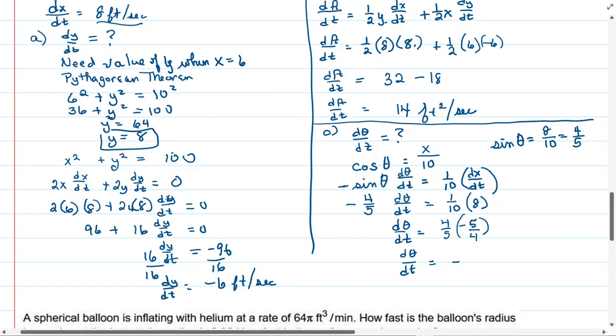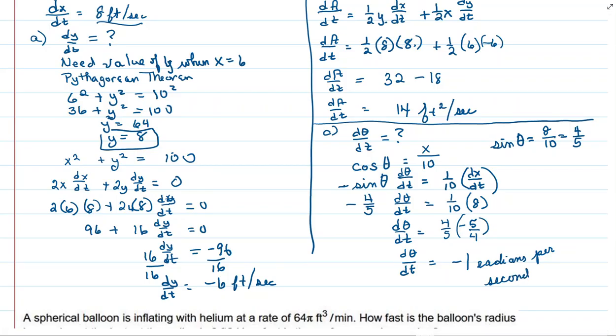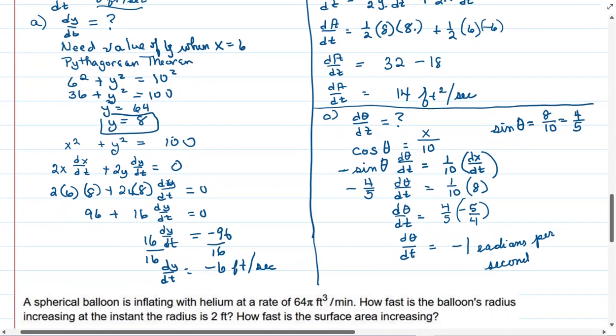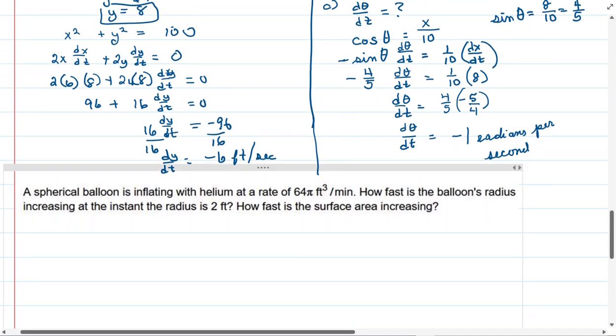And I'm going to get a negative 1. And we're in radians, so it'd be a negative 1 radian per second. Thank you for that. Here we go. Are we good?